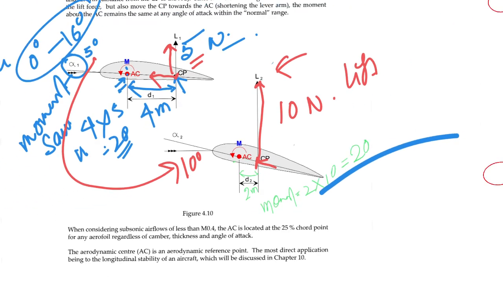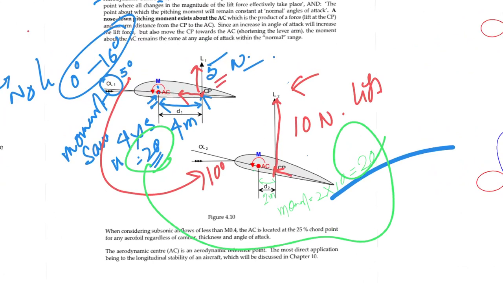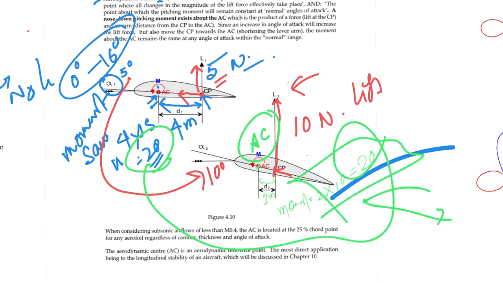So now you see, earlier this moment was 20, and now also the moment is 20 because of this fixed point, the aerodynamic center. The aerodynamic center is a point where, whatever happens, angle of attack increases or decreases, CP moves forward or backward, this moment is always the same.